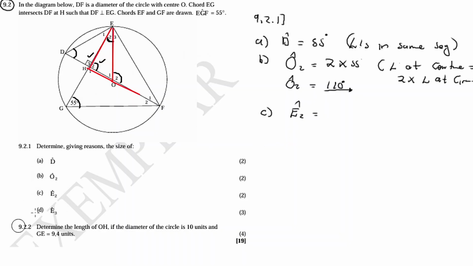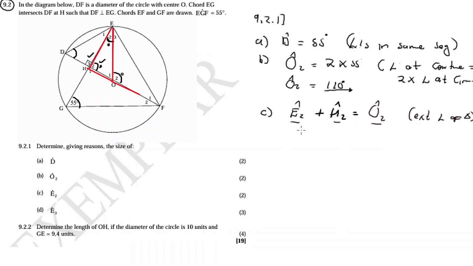We're going to say E2 combined with H2 is equal to O2. Why? Exterior angle of a triangle. E2 plus H2 equals O2, the exterior angle.